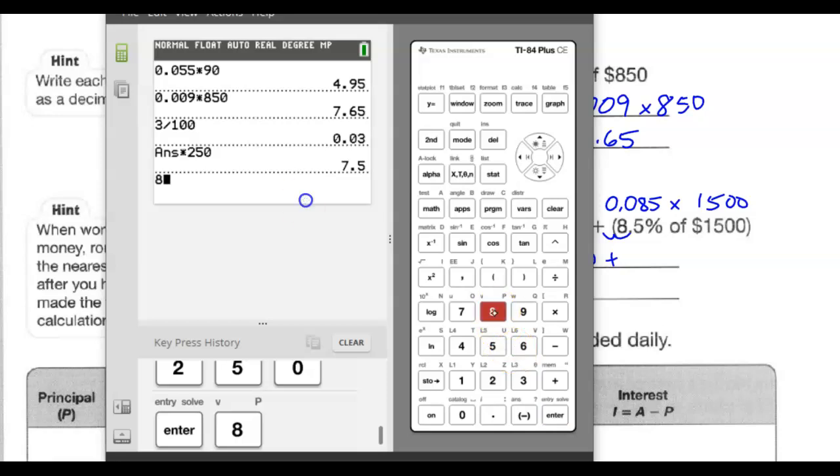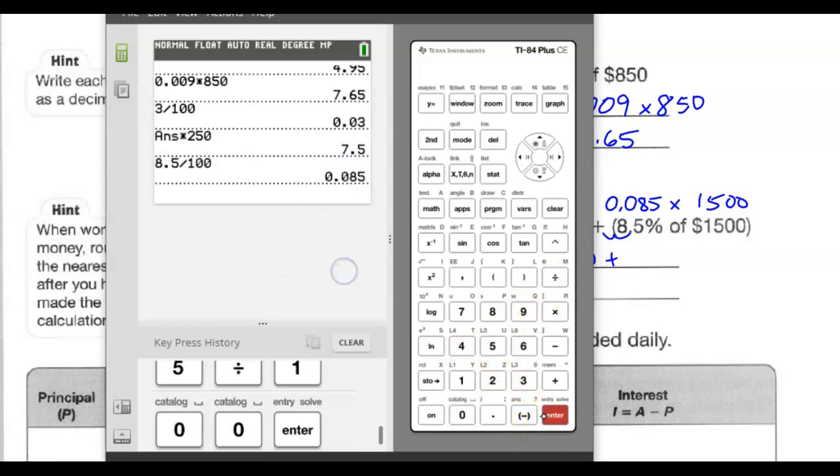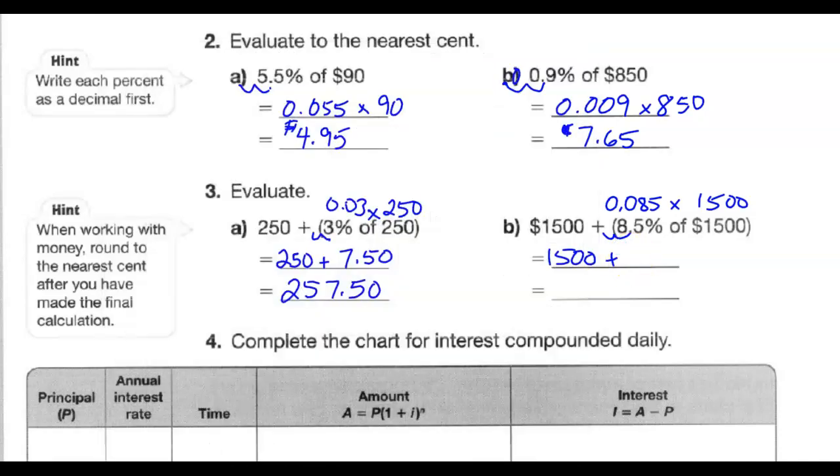And again, if you're not sure, go 8.5 divided by 100 to get the decimal form, and then times by 1,500, and that's 127.5. Now, it is money, so I'll put the 0 for 50 cents. You always have to have 2 decimal places for money. And then we'll add those together, so $1,627.50.